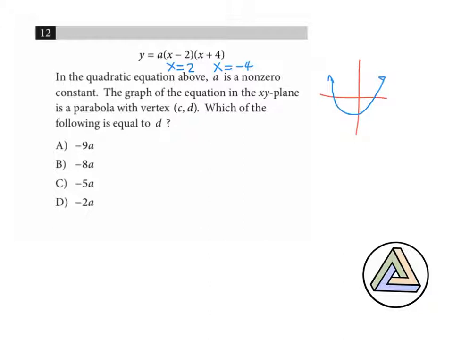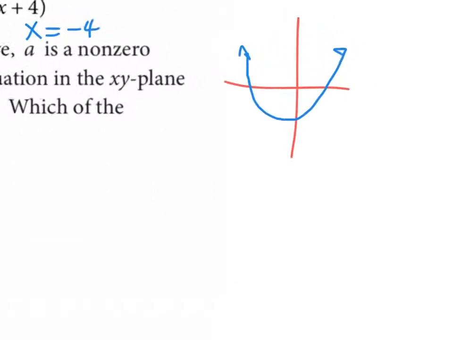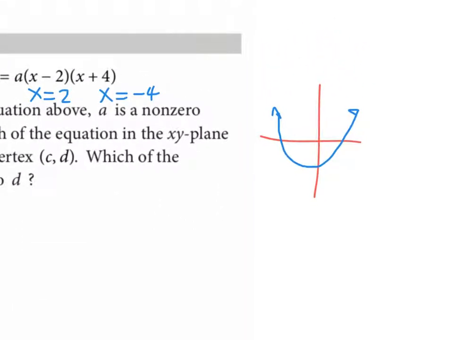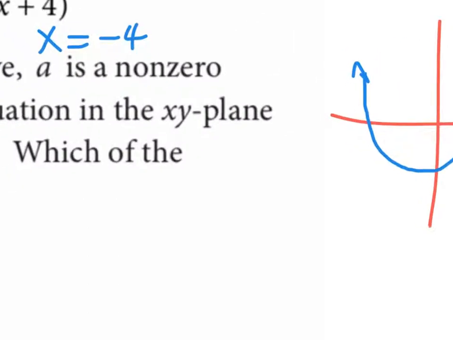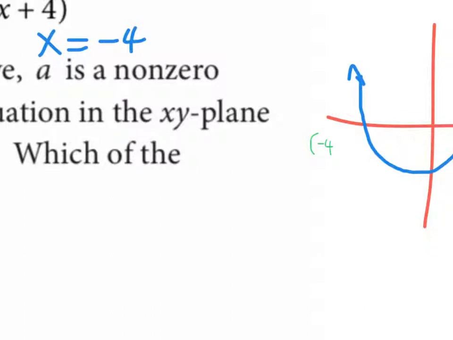So why do I care? Well, you'll see in a moment, but before I do, I would like to label these. So we have (2, 0), and over here we have (-4, 0).